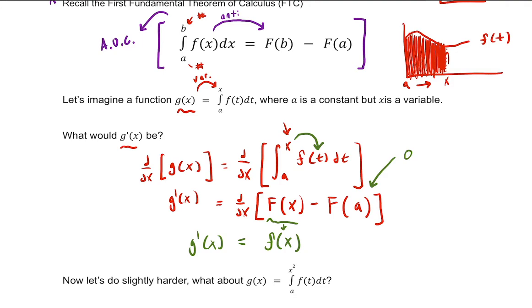But f of a is just a number, right? Because a could be 3 or 2. A is not a variable. It is a stand-in for some number. So it is a stand-in for, like, we define g of x to be from 2 to x. And so it's not a variable. It's like, oh, I plugged in 2 and I got 7. Take the derivative, gone.